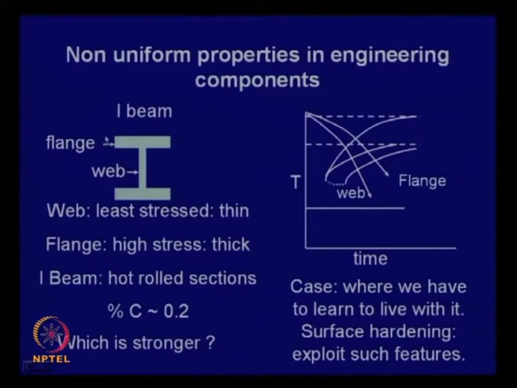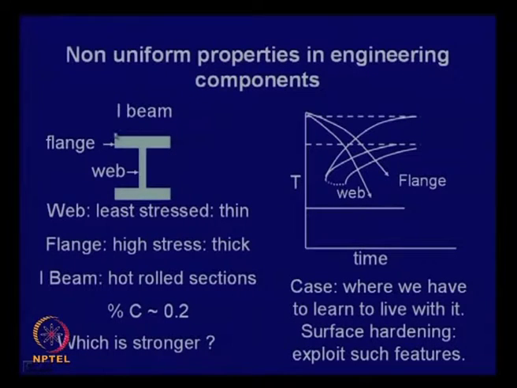It is used in bridges and in the construction of multi-story buildings, and there you will find the section has a different dimension in different zones. In this I-beam, this is the flange part and this is the web part, this is the top flange, this is the bottom flange, these dimensions are the same, and the web is relatively thin. These are made by section rolling or hot rolling.